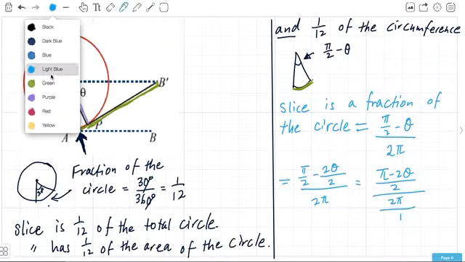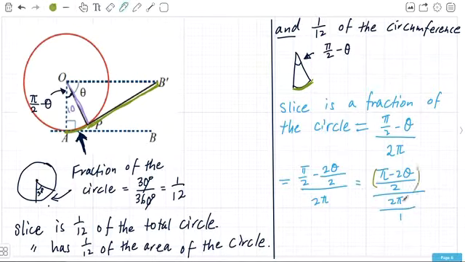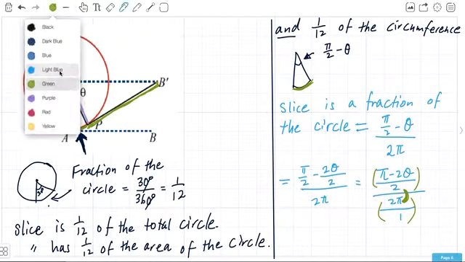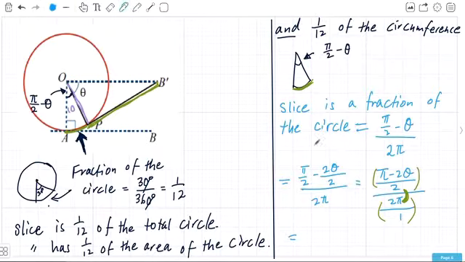So you've actually got two fractions, the top fraction and the bottom fraction. These two go together and the 1 would go up to the top. So in terms of a fraction of the circle, this slice here is (pi - 2 theta) on 4 pi, 2 times 2 pi. So that tells you what fraction this is.